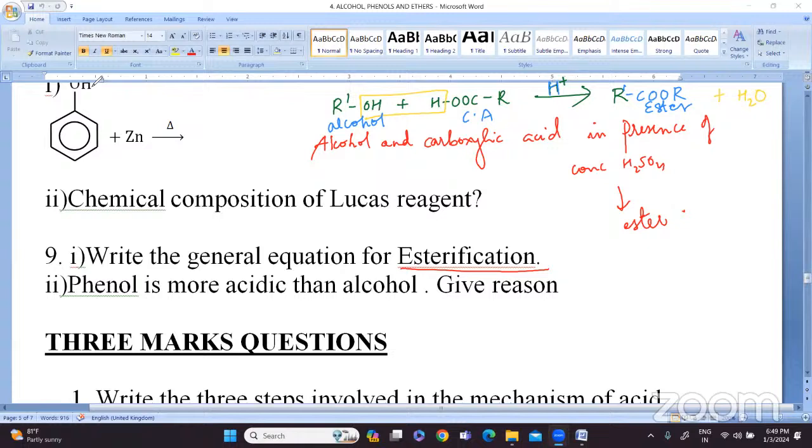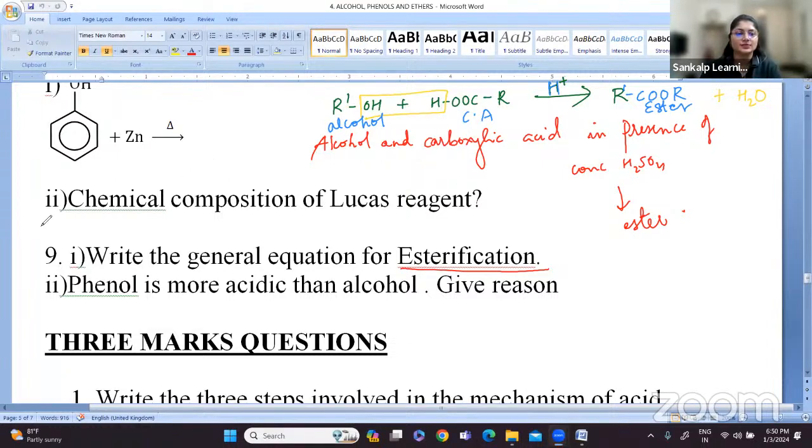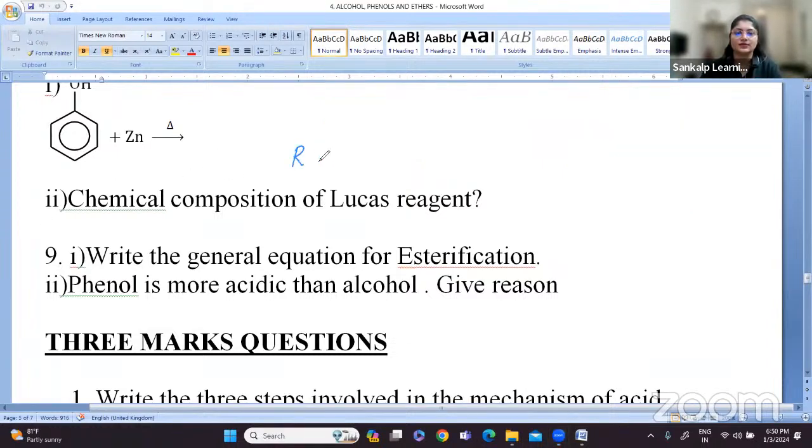What can be the reason, students? So this is alcohol and this is phenol.